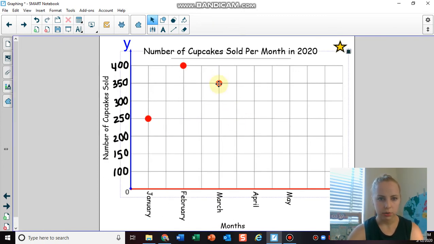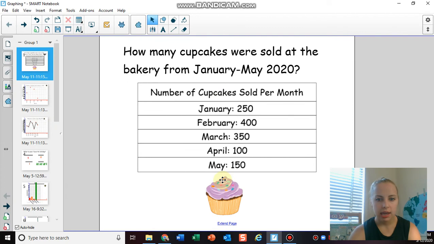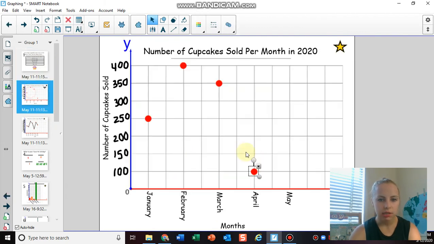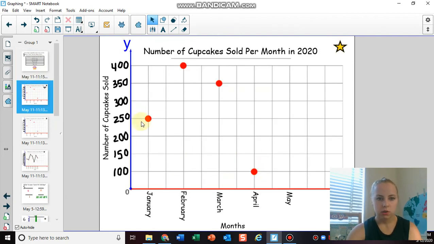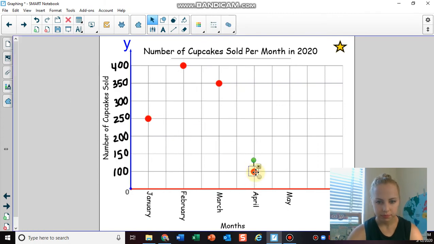So we're going to put our data point for April, lining up with 100. And in May, 150 cupcakes were sold. So we are going to line up our data point for May with 150.